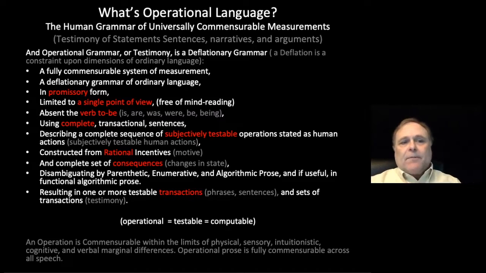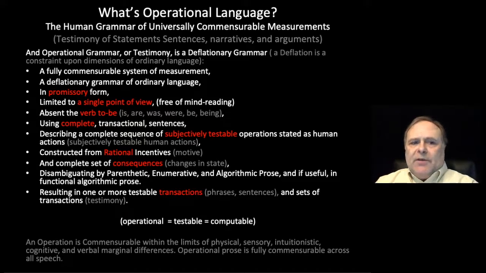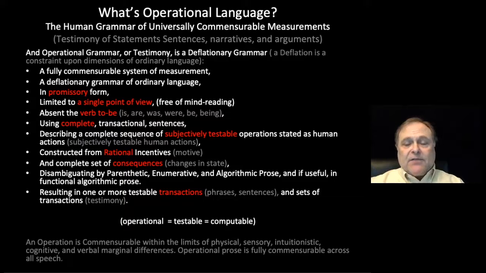So I promise. We limit ourselves to a single point of view. In other words, you can't testify to another's mind. You can testify to what you understand or believe as another's incentive. So you can testify to your interpretation of a set of incentives, or you can observe what actions the person took, but you can't testify to a person's state of mind.